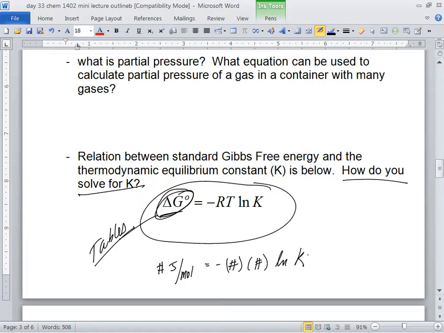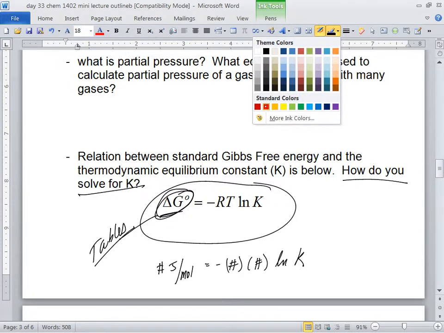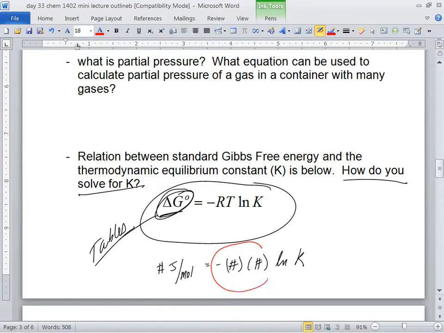Oh, do what first before you do little e? You're on the right track. Yeah, get all these numbers over here. Divide them over. Get all these down here. Bring it over. And now, Kenneth, take both sides to the little e.